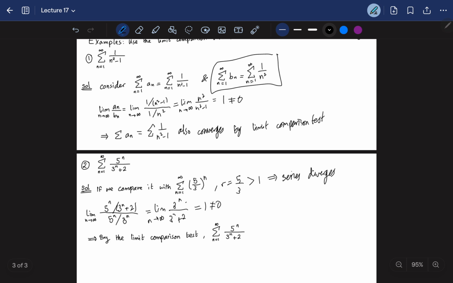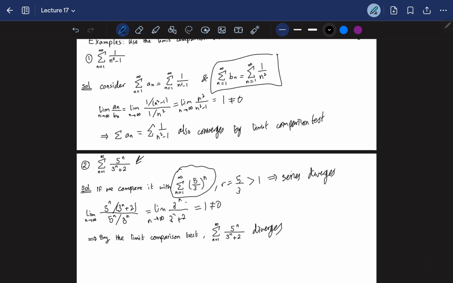Now again, using rule number 1, if the limit is not equal to 0, and I already know that the summation of bn diverges, then the summation of the thing that we want, the summation of an, must be the same. So if this diverges, then this diverges using the limit comparison test.